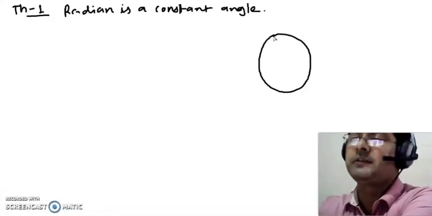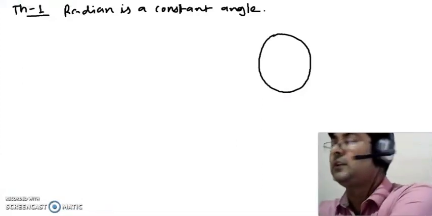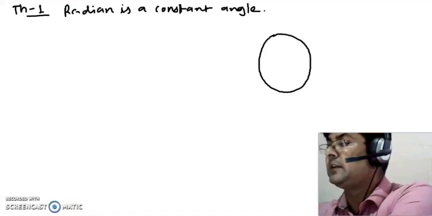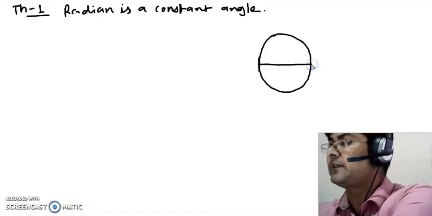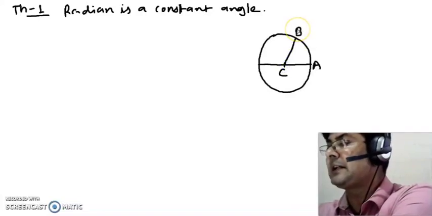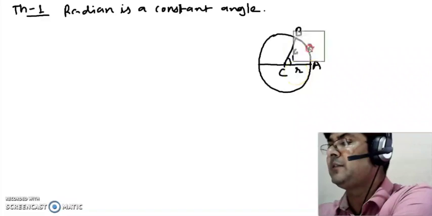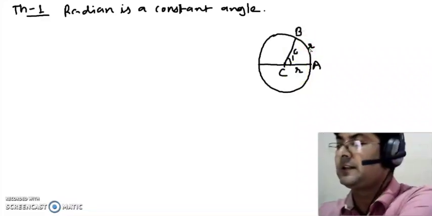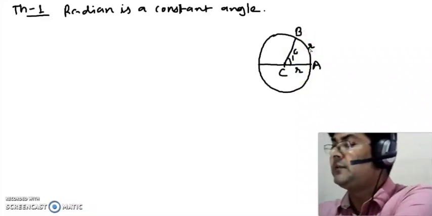We have a circle. In this, C is the center and we have a point A. Let us consider another point B such that arc AB subtends an angle of 1 radian. Obviously the length of arc AB will be equal to the radius of the circle in this case.